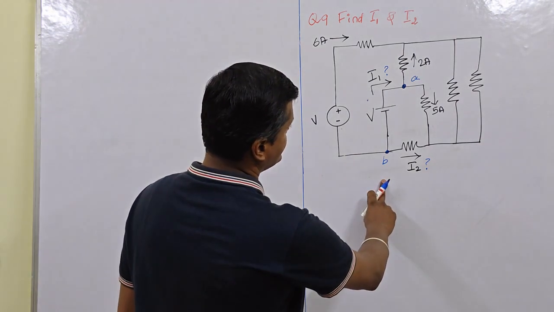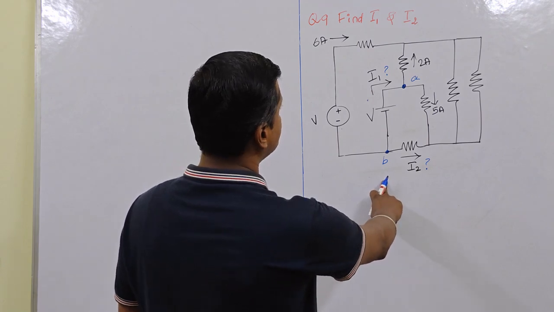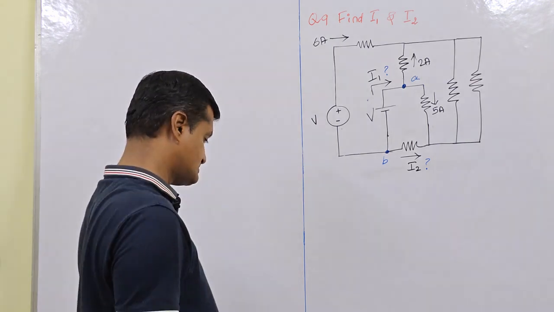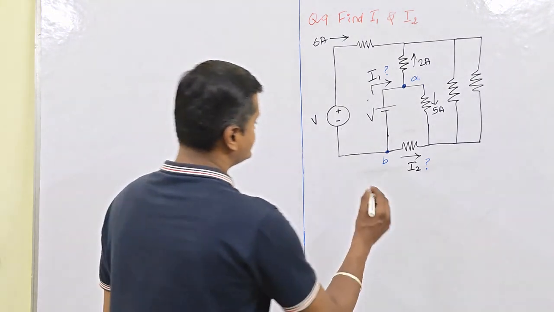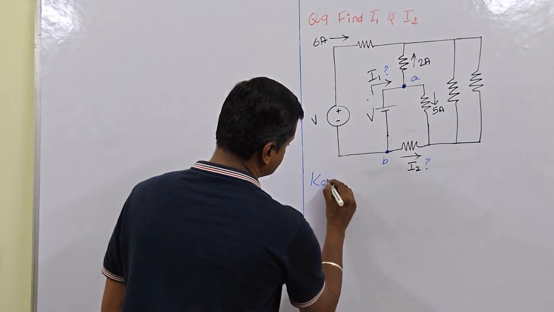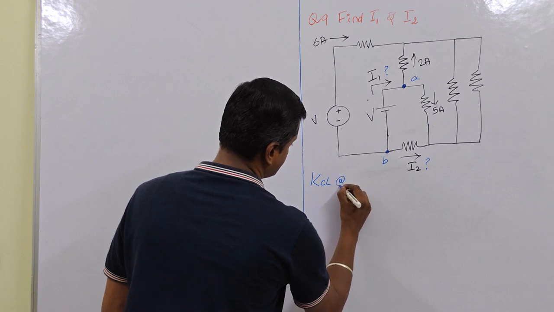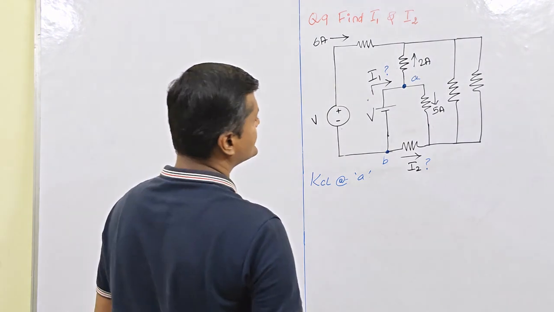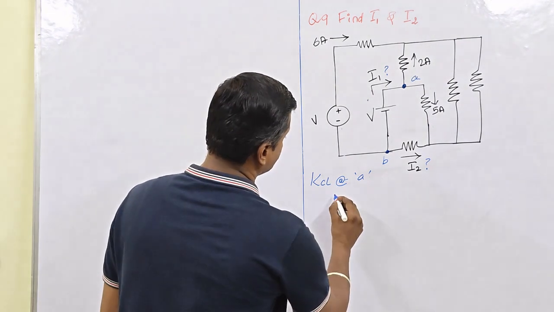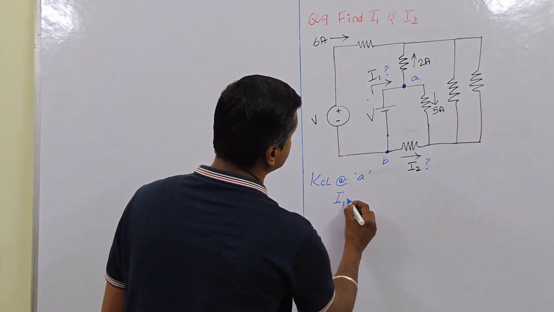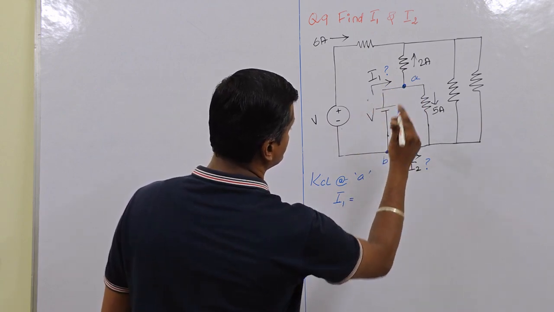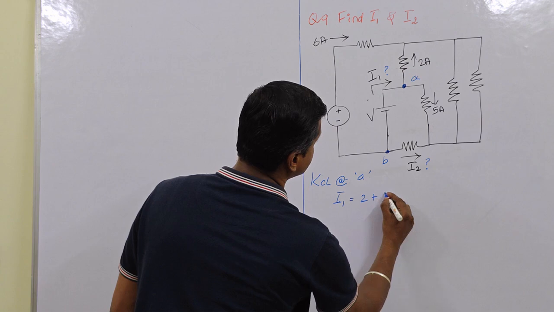First we have to find this value. Right? To find I1, KCL at node A. At node A, the incoming current is I1, and incoming current is equal to outgoing current, 2 plus 5, right?